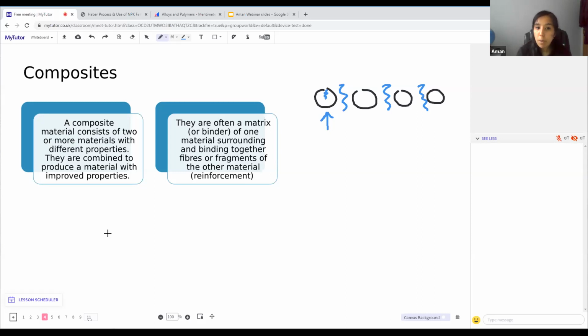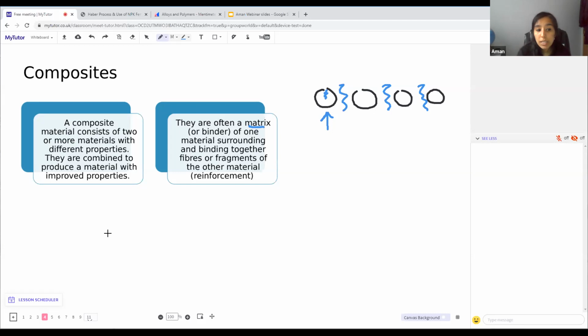So you tend to have a binding material, which is known as your matrix. In the glass ceramic example, the glass is the binding material. It binds pieces of ceramic together. And you have a reinforcement material, which is the other material. So our ceramic here was the reinforcement, and then we added the glass, which was the matrix or the binding material.